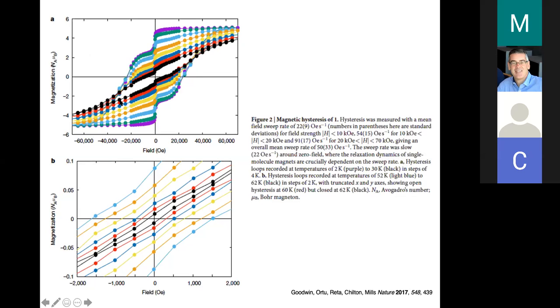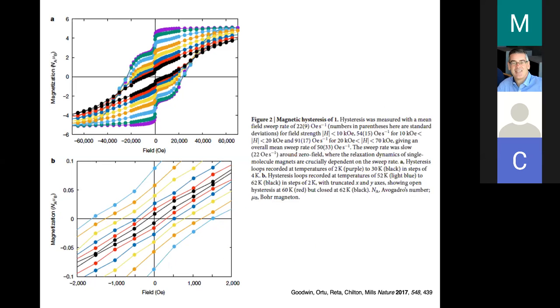And so even though we're seeing large hysteresis, up to very high temperatures, well, relatively speaking for molecules, there is this competing tunneling, and that can shorten the utility time for the magnet. And so if possible, we'd like to get rid of that tunneling pathway for relaxation.